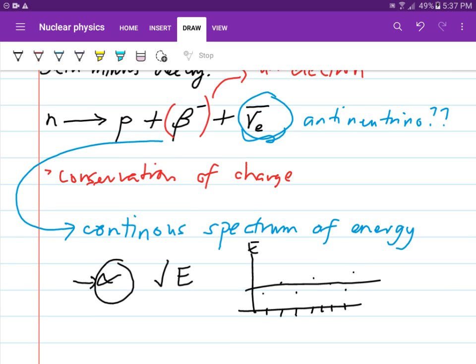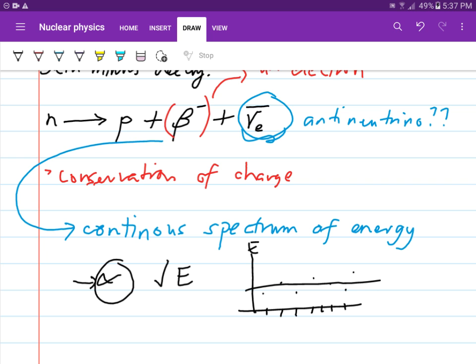A continuous spectrum of energy can only happen if there is another particle that is sharing with the beta minus particle.